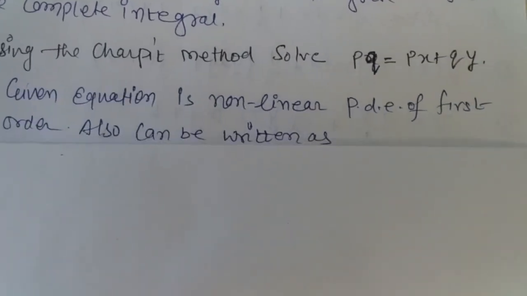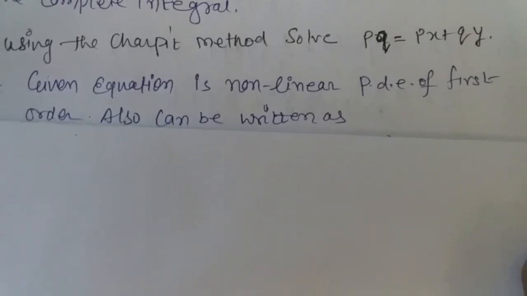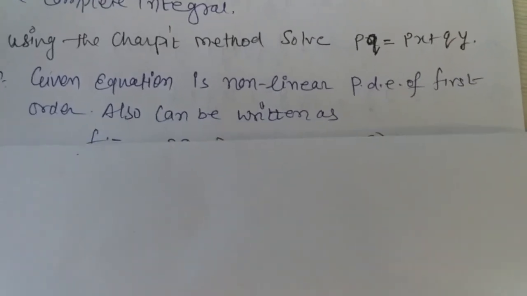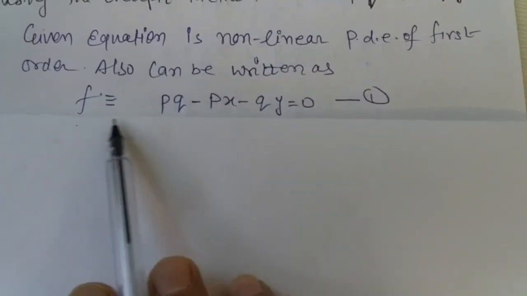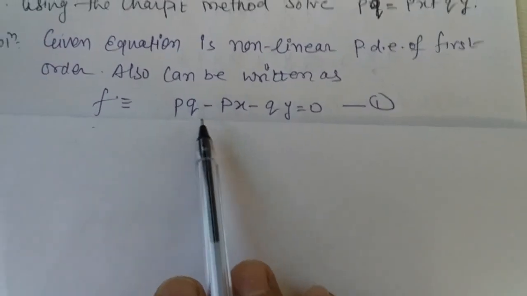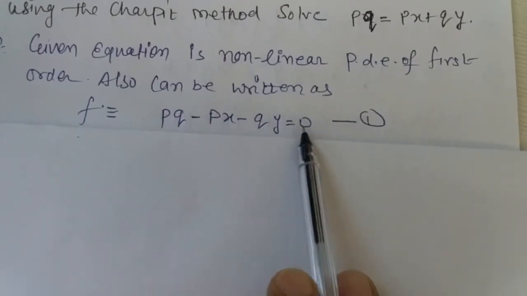Now we write this equation as f = pq - px - qy = 0.